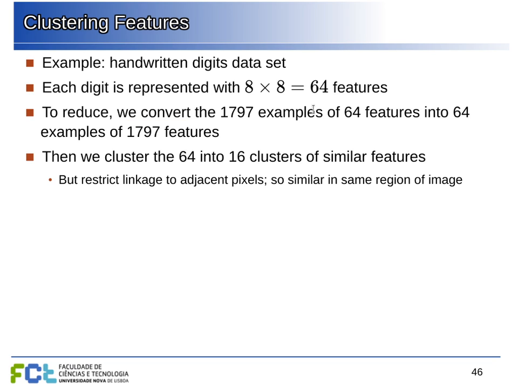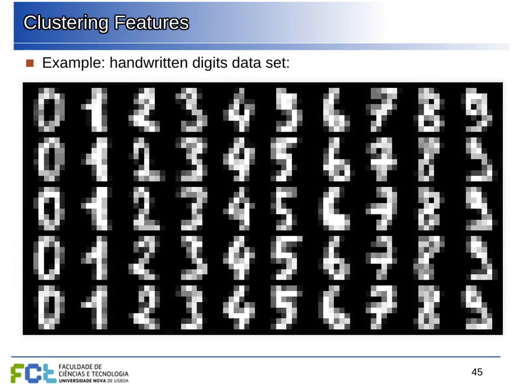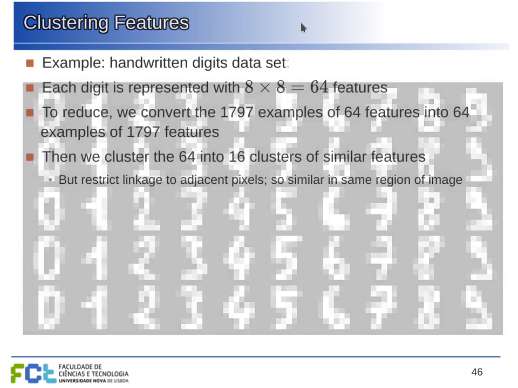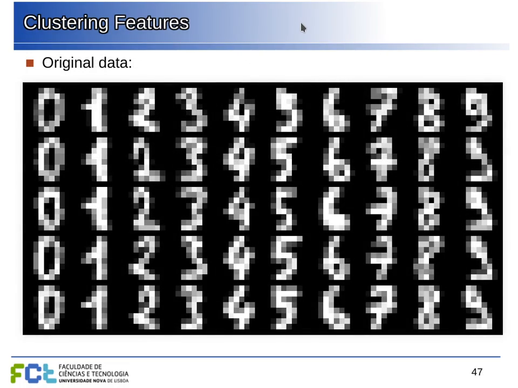So now our examples are each individual pixel, for example, this pixel in the corner here, and the vector that describes this pixel is the intensity of this pixel on all the examples in our data set. So this will be 1797 features for this particular pixel, and then the same for the other pixels, and so on for all 64 pixels.